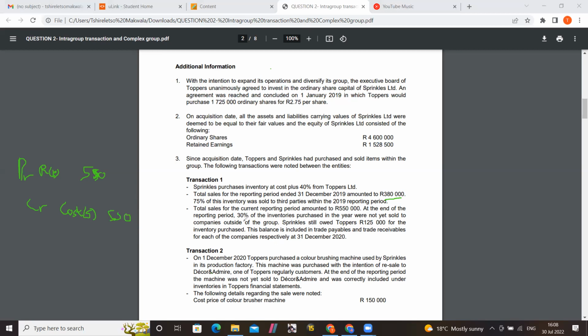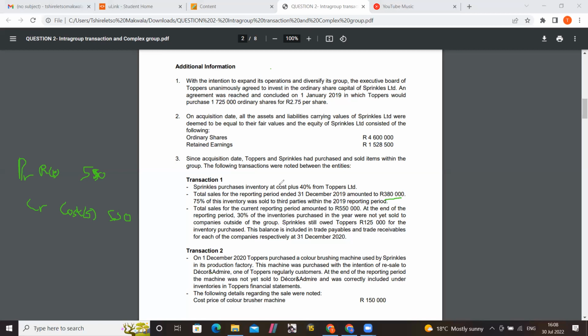let's look at the stock that was sold, the 70% stock that was sold. From a group perspective, it makes sense, because you did sell the 70% stock, so you are entitled to that profit. However, for the 30%, you are not entitled to that profit yet. Why? Because you haven't sold to third parties, and as a result, for that 30% it was just a transaction between the parent and the subsidiary.